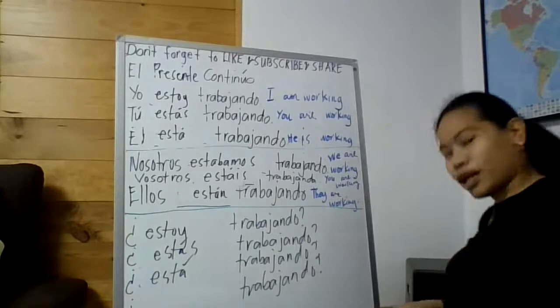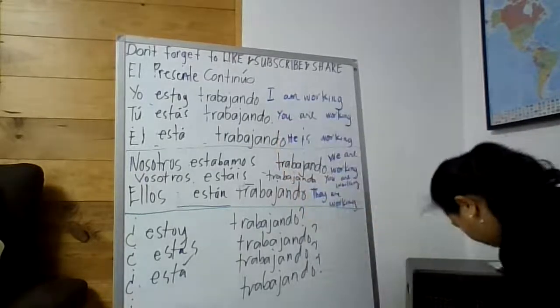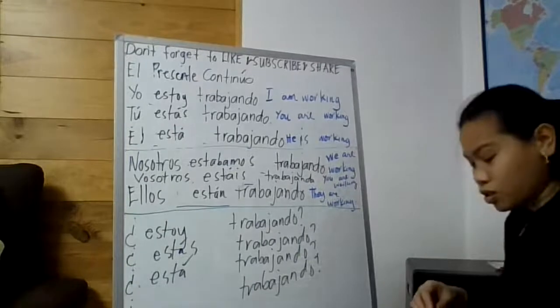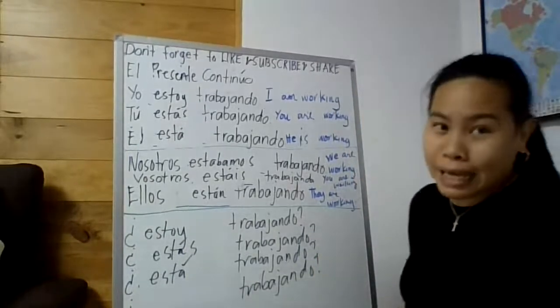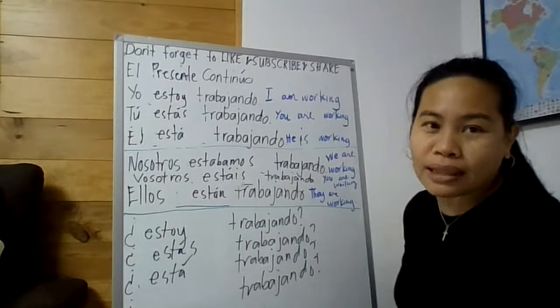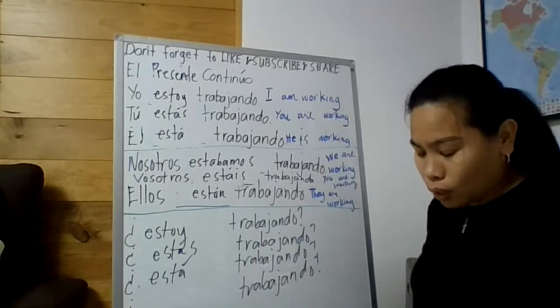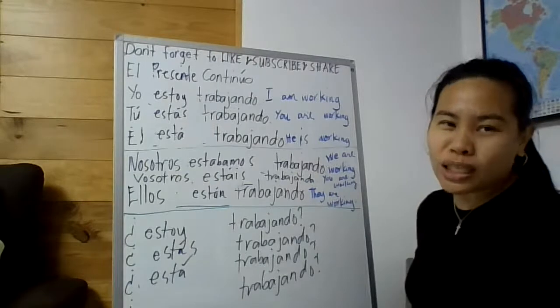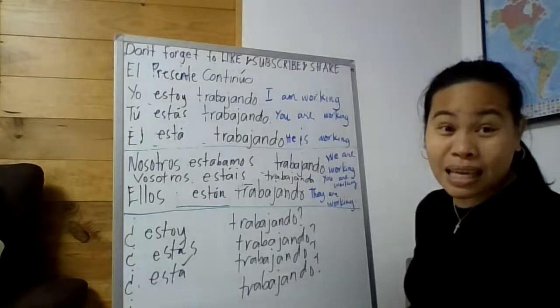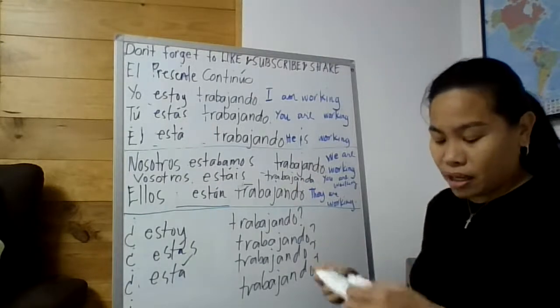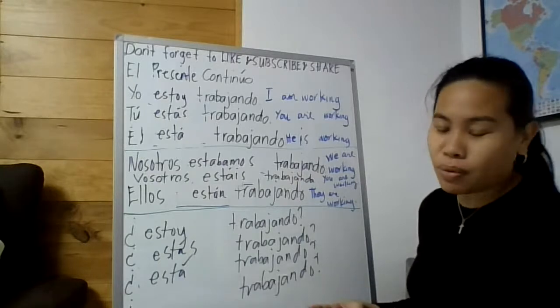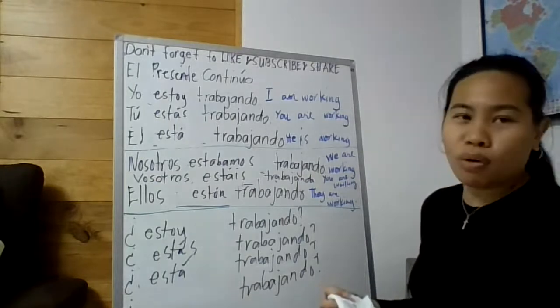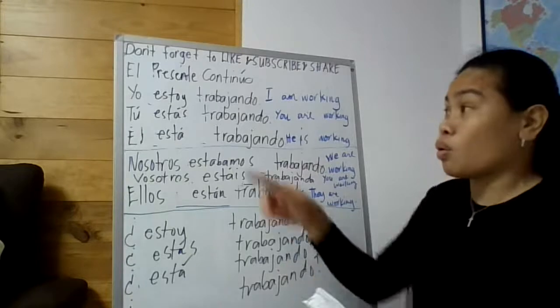So, ganun lang po siya kadali. Kapag ang pinag-uusapan natin ay continuous action. Kasi madalas naman na ito yung ginagamit natin, 'di ba? Pag presente. Halimbawa, nakikipag-usap ka, gusto mong sabihin na meron kang ginagawa. So, sasabihin mo, estoy cocinando.